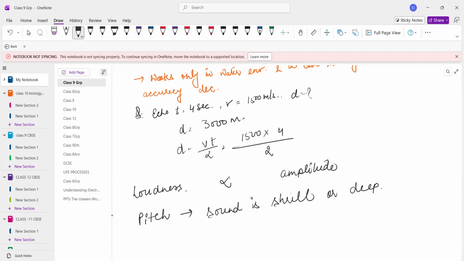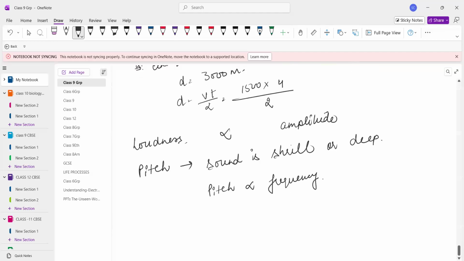Pitch is directly proportional to the frequency. High frequency means high pitch, so the sound will be shrill or sharp, and low frequency means low pitch, so the sound will be deep.